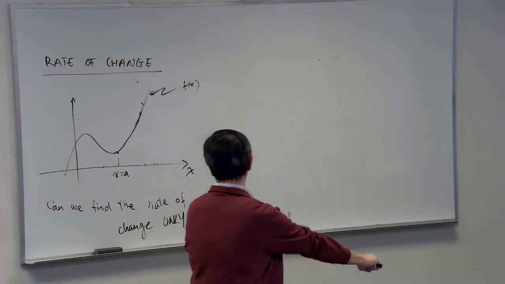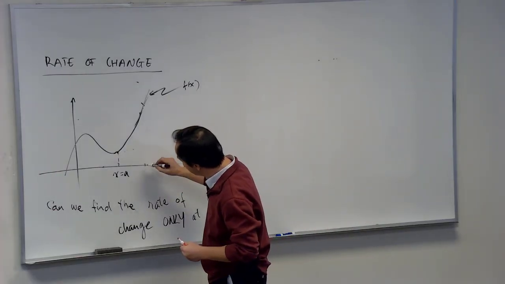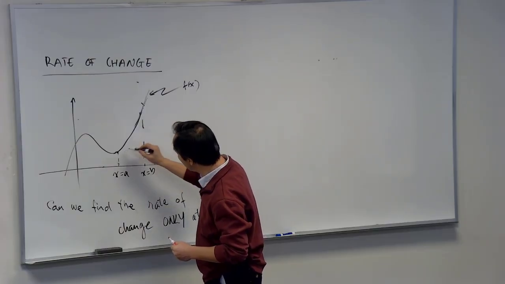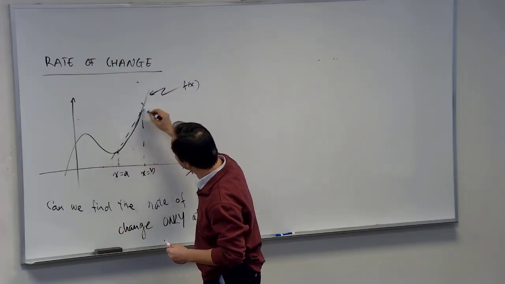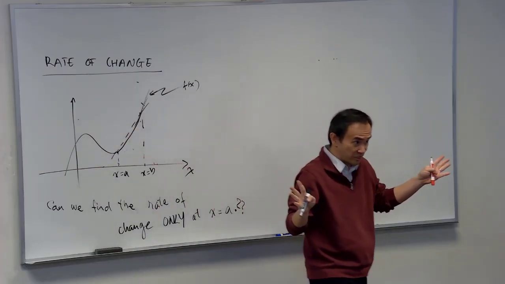Because from what you have observed so far, if you go from A to B, some point B right here, then you get the rate of change over an interval. We call it the average rate of change, but it's clearly not precise.